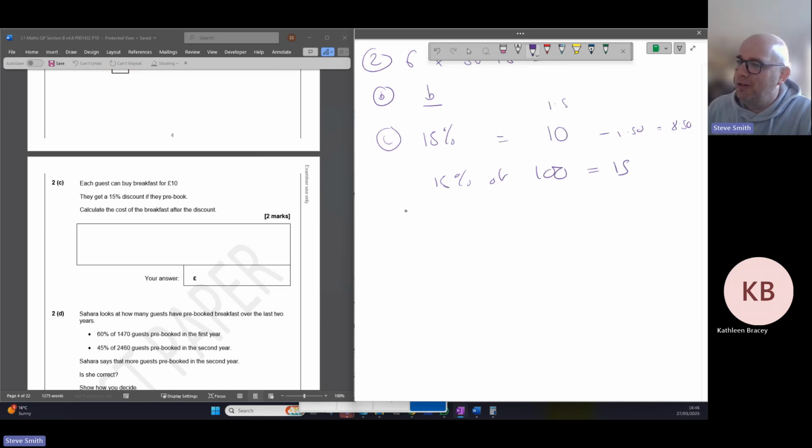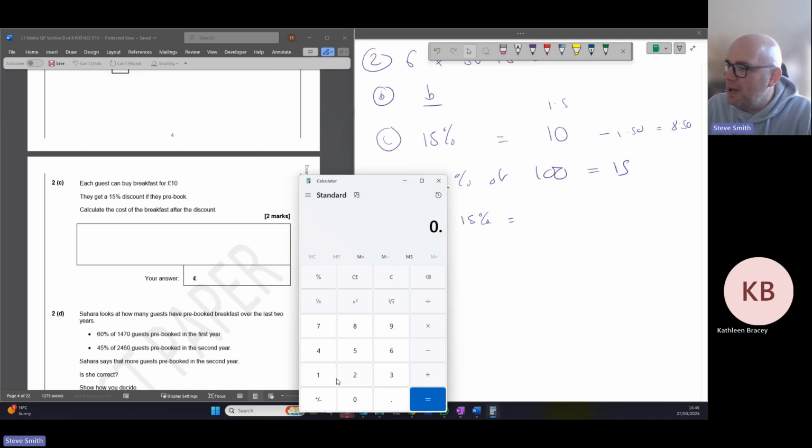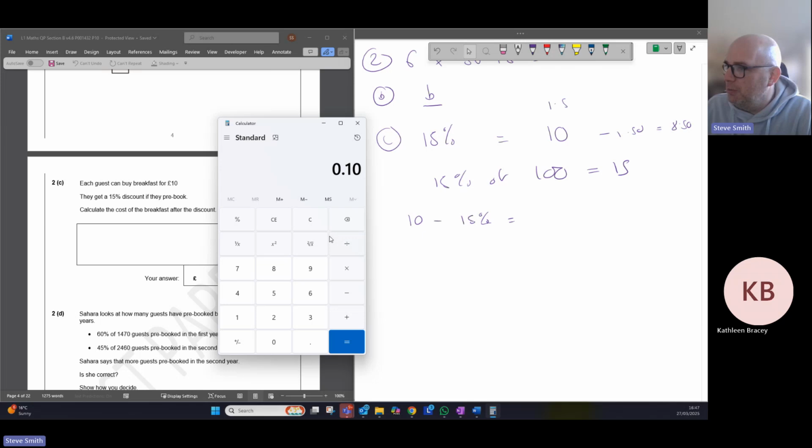If we weren't sure how to recognize that as a number bond, we just do 10 take away 15% equals in our calculator. That's a percent, by the way. Let's get our calculator open. Here it is. 10, and oh my gosh, why is it 0.10? Shouldn't be. Follow exactly what I've written here. 10 take away 10% equals.